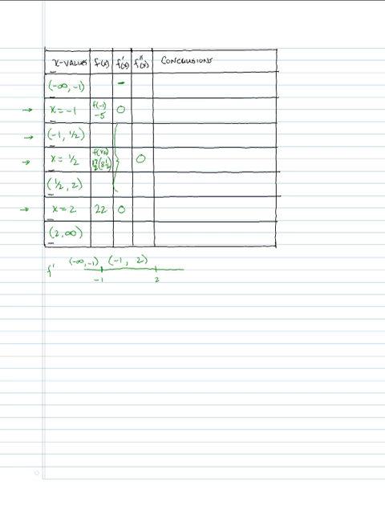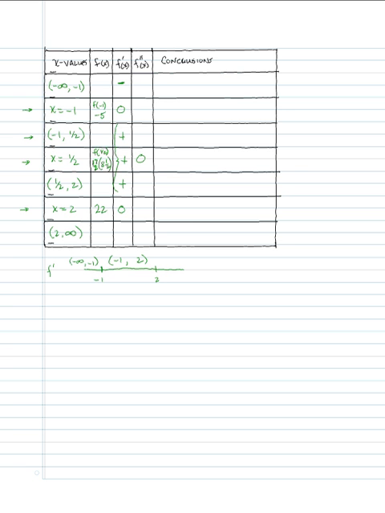So all we need to do is choose some value between -1 and 2. And we could check 0 in that case, right? We don't have to check all of those different intervals. And so when I checked 0, I found that I got a positive value for f prime. So that means I can fill in all of these with pluses.